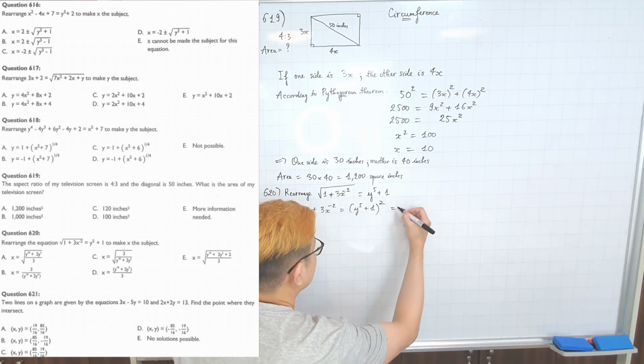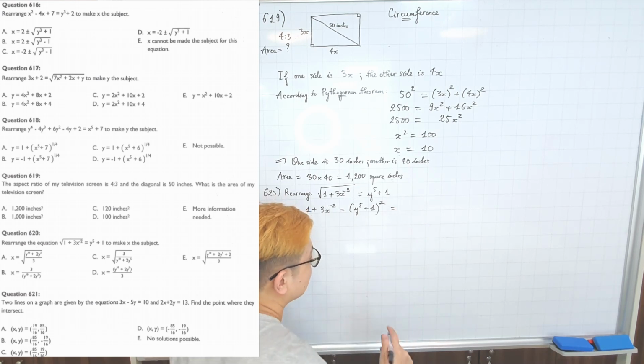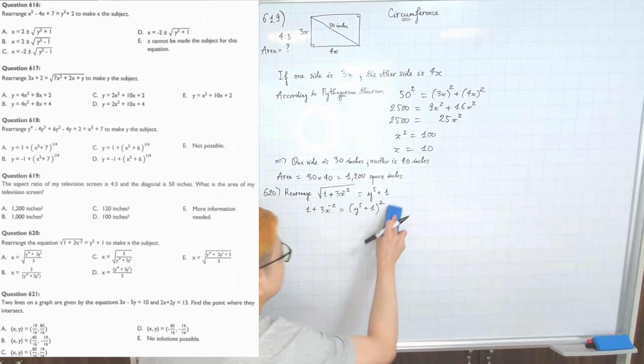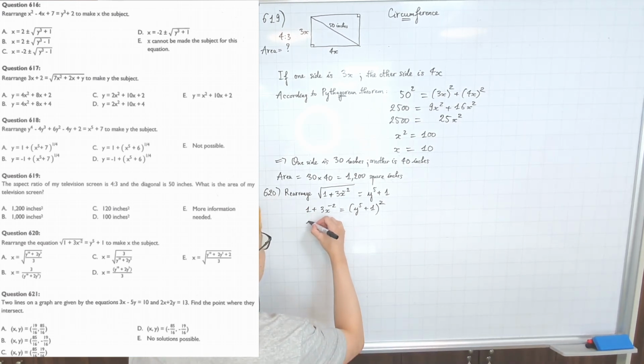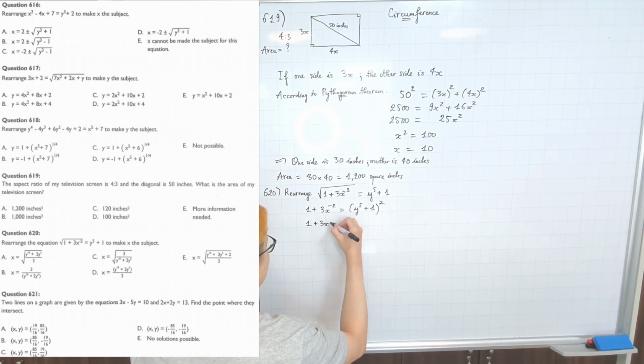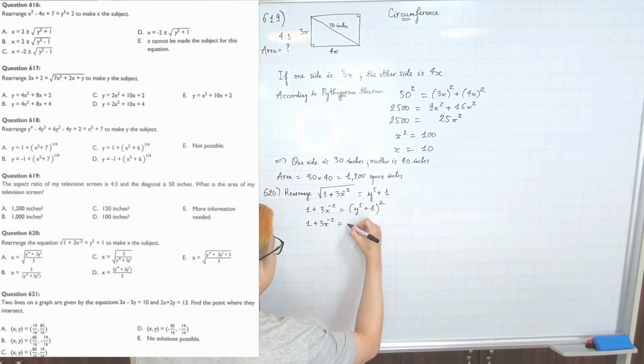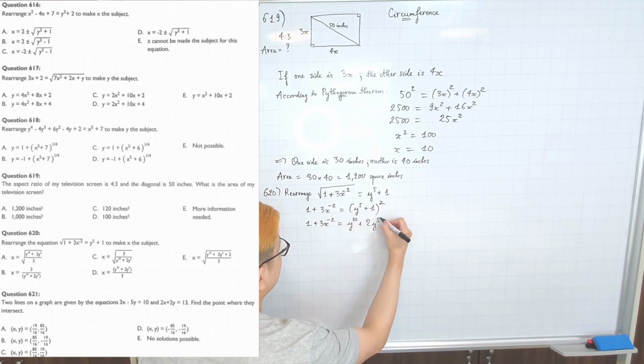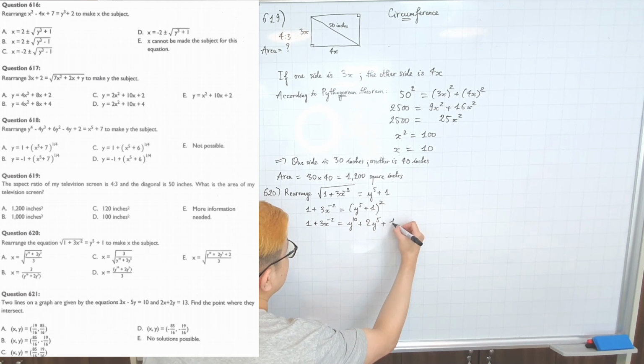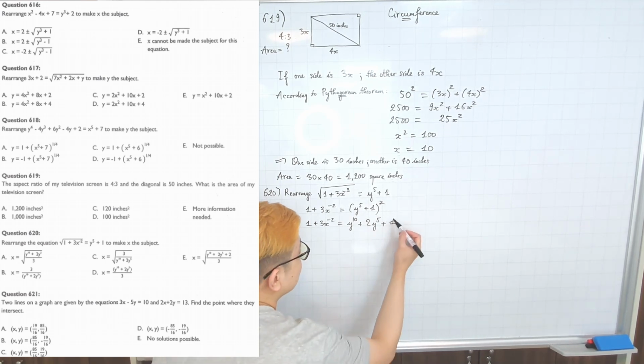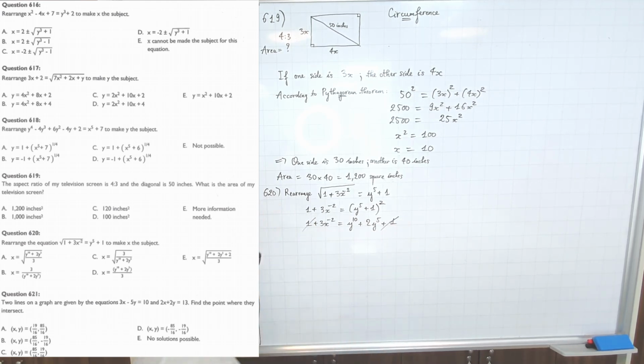So this one is y^10 plus 2y^5 plus 1, isn't it? And then on the two sides, the 1s eliminate each other. And then what happened next?